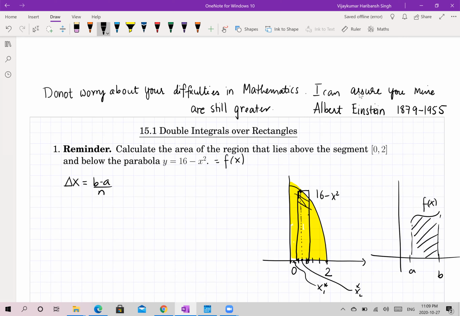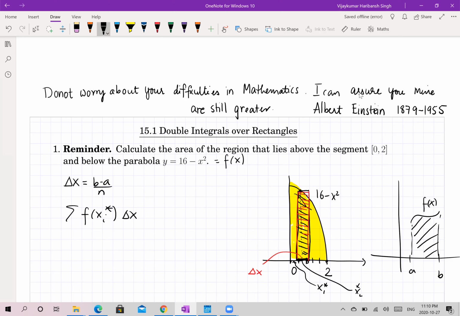And then you find this area, and then you add it up among all. So to generalize, delta x is b minus a over n, and I'm looking at f of xi star delta x, because the bottom width is delta x. I'm essentially finding the area of this, which is f of xi star delta x, and then I sum all these areas up.